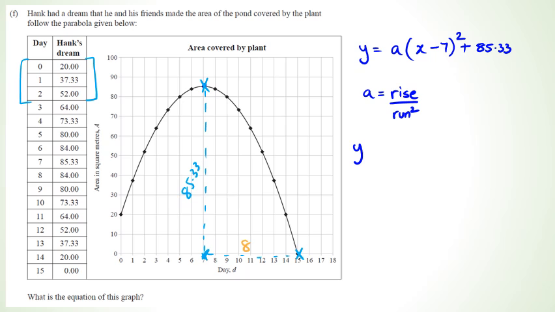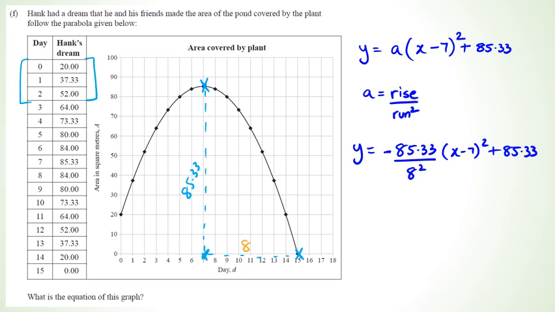So my equation, I could write it as rise, in this case, 85.33, divided by run squared, which happens to be 8 squared. And because it's a negative parabola, I just put a little negative symbol there, and that's going to be x minus 7 squared plus 85.33. So what else do I need?